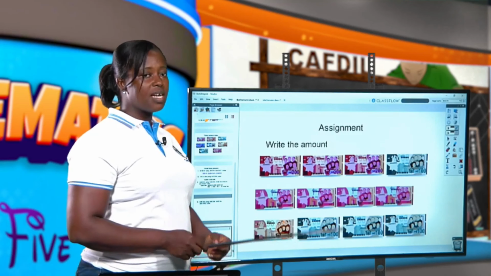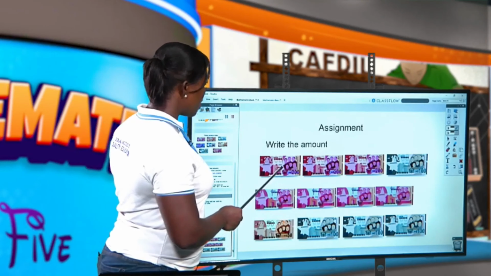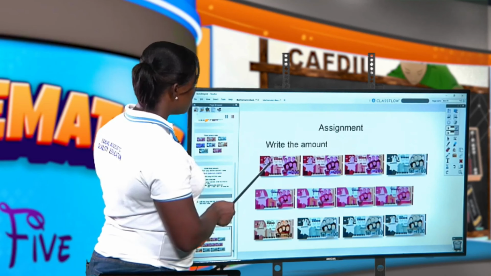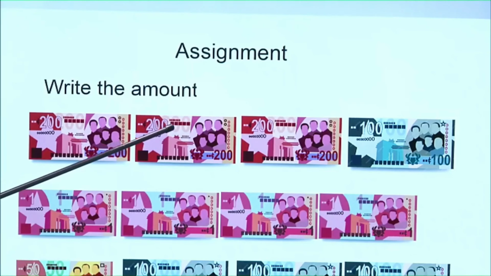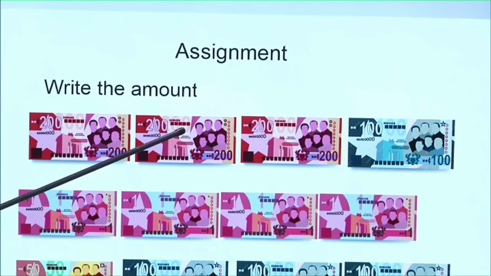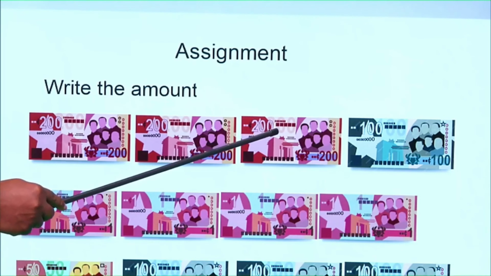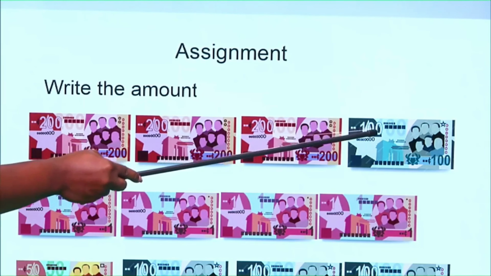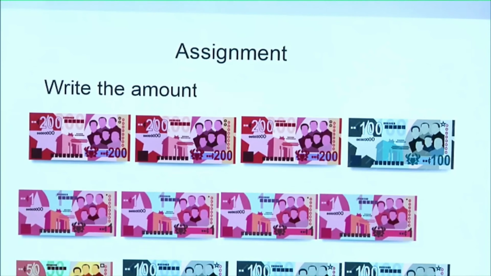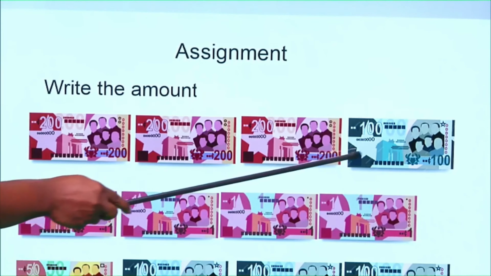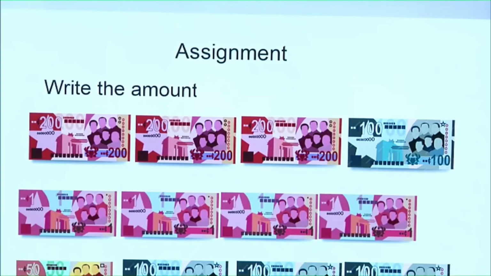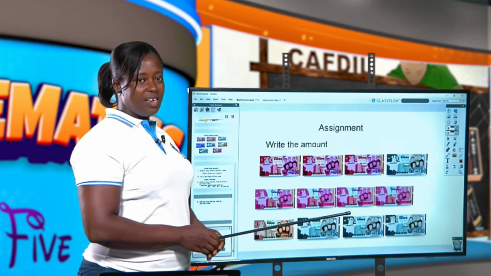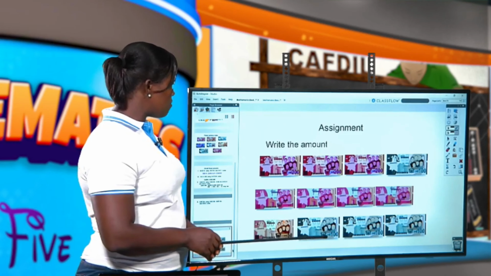So the token currency that I showed you, you have this. Which currency is this? What is the amount? This is 200 Ghana cedis. We have another 200 Ghana cedis. We have another 200 Ghana cedis over here. And what is this? 100 Ghana cedis. You are going to add everything and then write the amount for me.